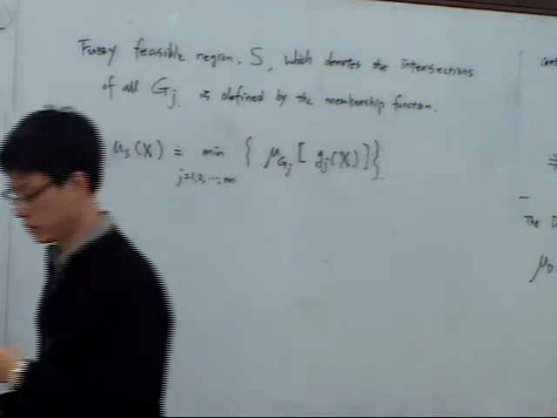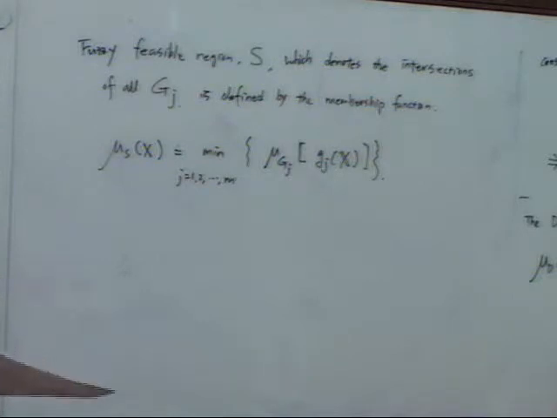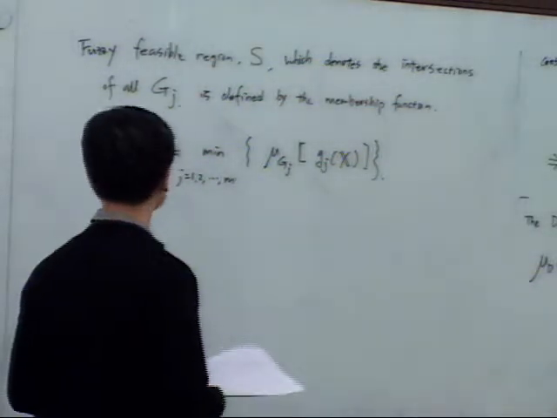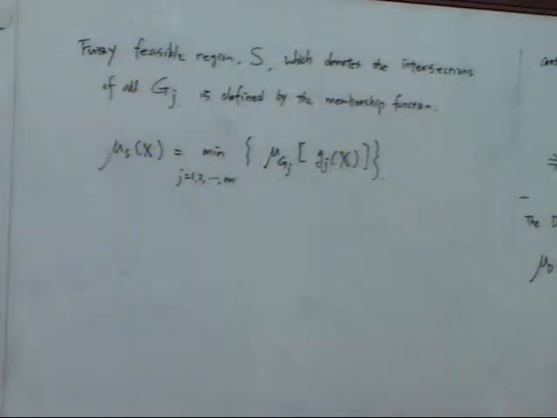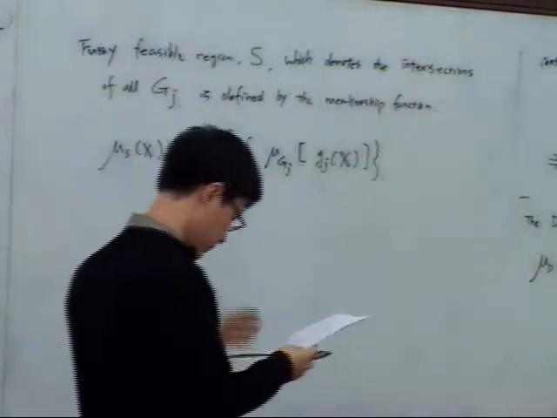This is the mathematical definition of your feasible region, which in this example, this red area is your feasible region.